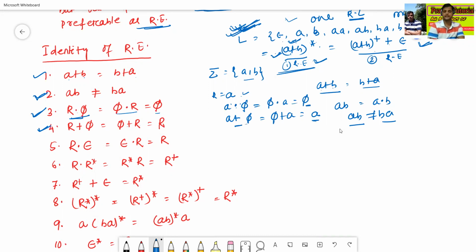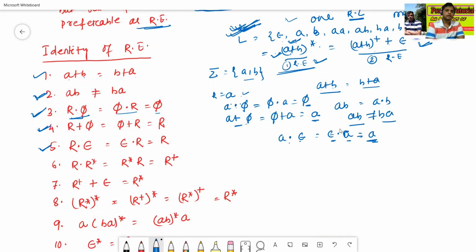What is the fifth identity of regular expressions? R dot epsilon equals epsilon dot r. So a dot epsilon equals epsilon dot a, which is nothing but a.